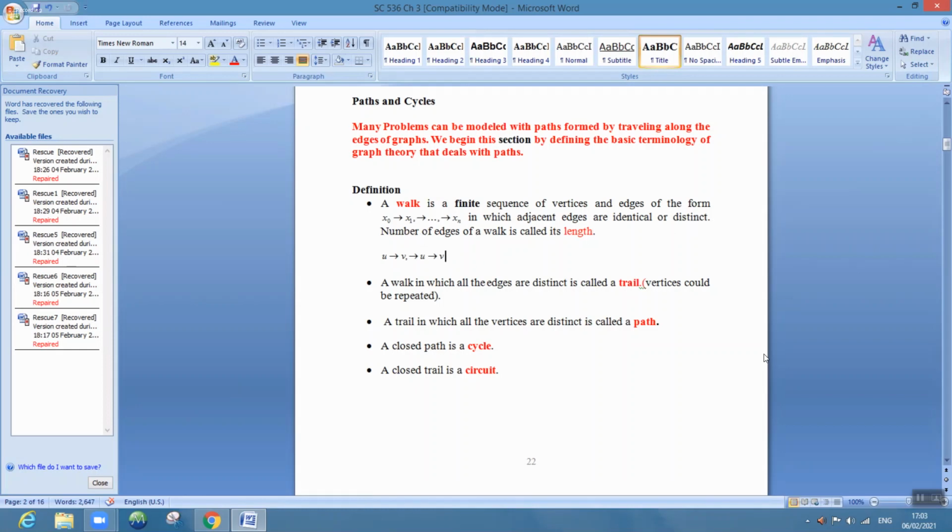In a walk, both vertices and edges could be repeated. This is the most general definition.